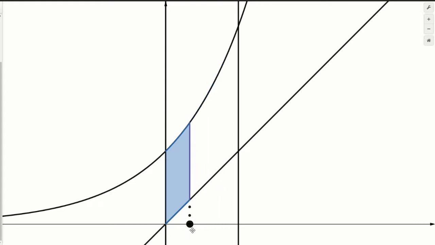As I drag my stripe further to the right, I have more area accumulated. In this case, I have decided to go with the vertical stripe, meaning my stripe is perpendicular with the x-axis and parallel with the y-axis. All right, so now let's see how things work.